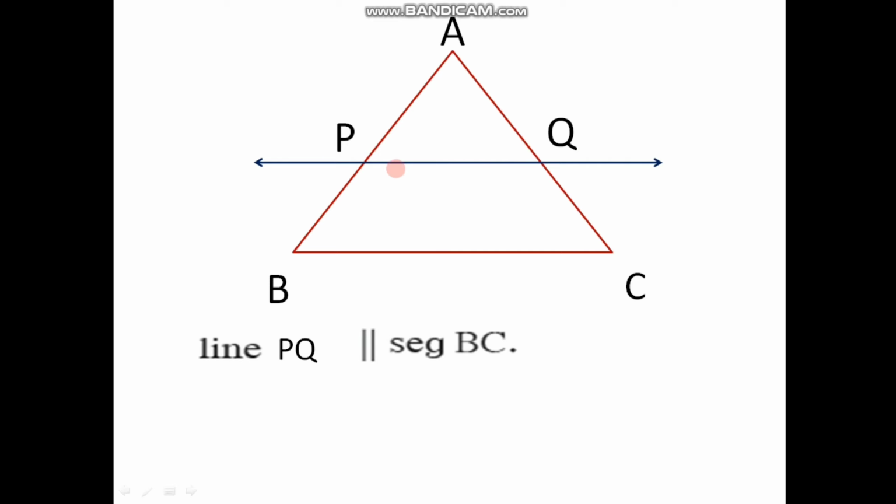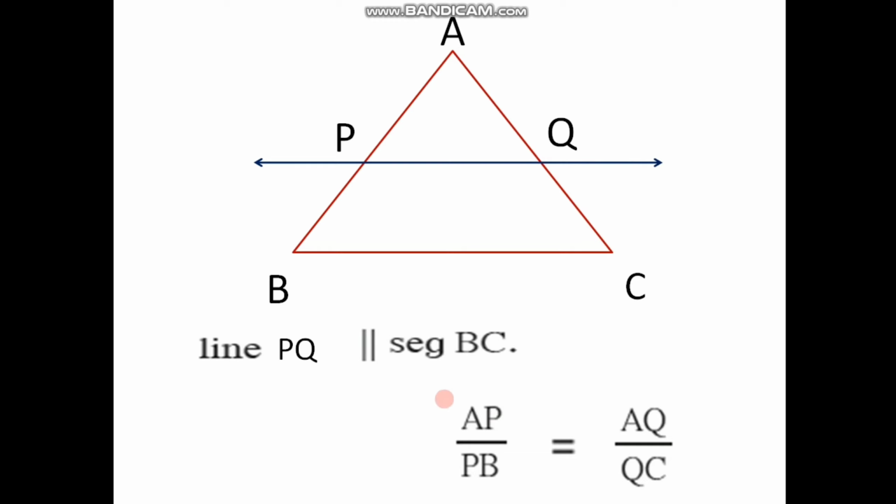According to our theorem, as line PQ intersects two sides of a triangle and it is parallel to the third side, this line must intersect the two sides of a triangle in the same proportion. That means, if we take a ratio of AP and PB, it must be equal to AQ and QC.